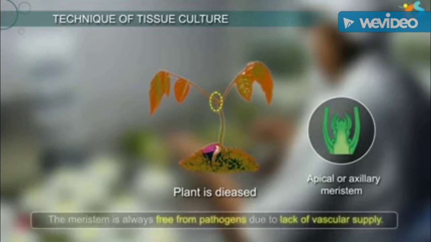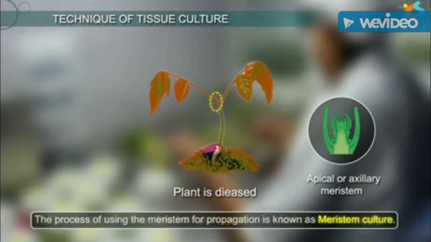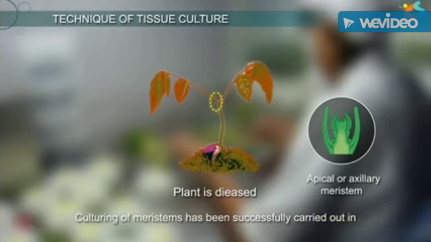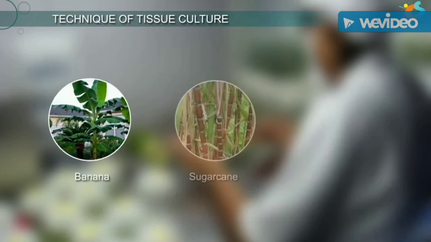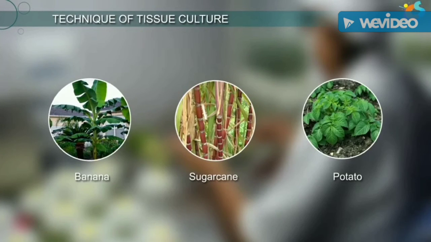This is done because the meristem is always free from pathogens due to lack of vascular supply. The process of using the meristem for propagation is known as meristem culture. Culturing of meristems has been successfully carried out in plants such as banana, sugarcane, and potato.